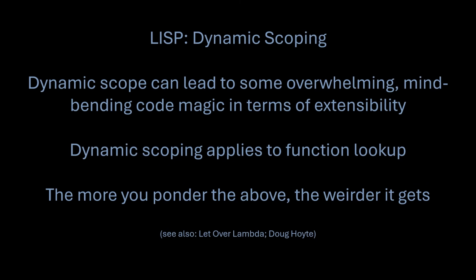And the reason being is that in Lisp, the dynamic scoping rules apply to where you look up a function. So if I'm calling a function getX, it doesn't refer to that in a lexical way either. It looks up through the environment and finds the first version of getX. And that can allow you to do all sorts of crazy stuff like, oh, I'll just completely override what this function means in this local context by putting a let around it, and then do some capturing stuff like that.